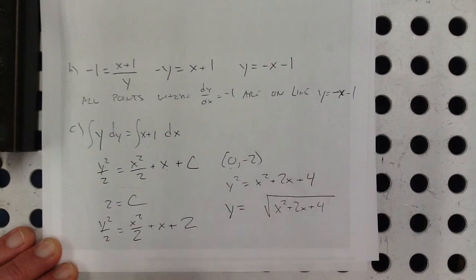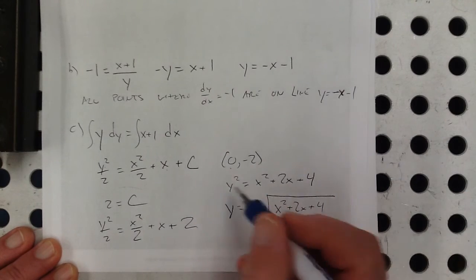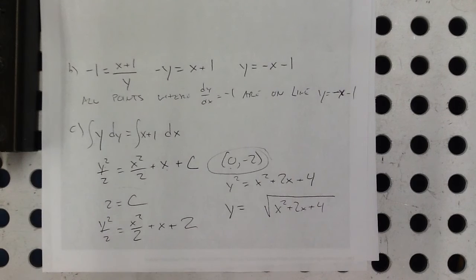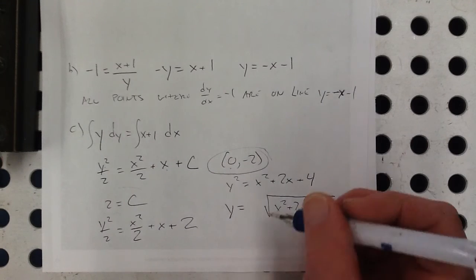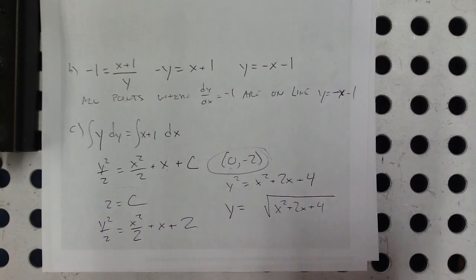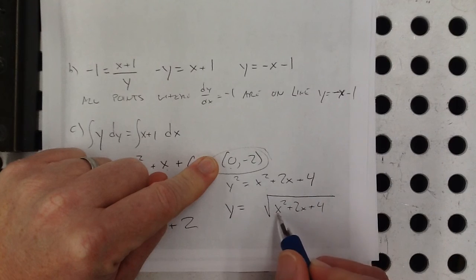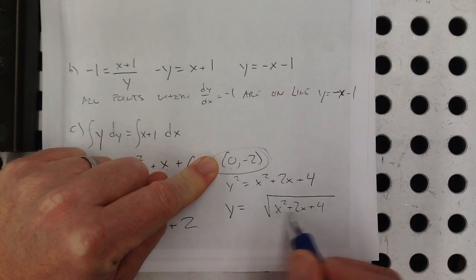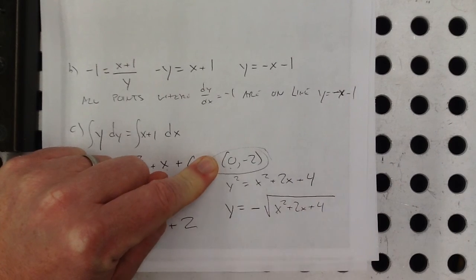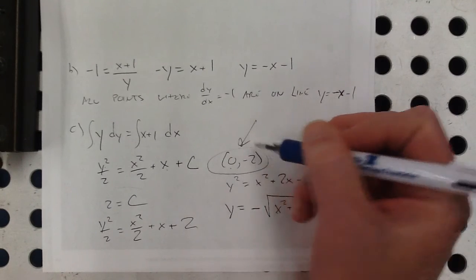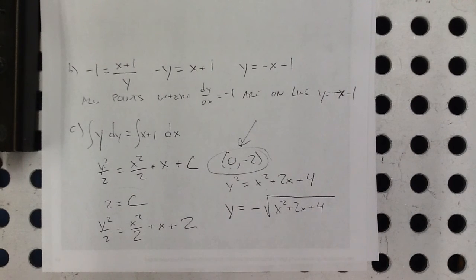There'd be a plus or minus sign here, but if we're talking about the solution that goes through this curve, it's either plus or minus, not both of them. So it'd be wrong to put a plus or minus here. So which one would it be? Well, if I plug 0 into this, I get the square root of 4. But the square root of 4 is 2, so it's the minus one that goes through this. And that's it.